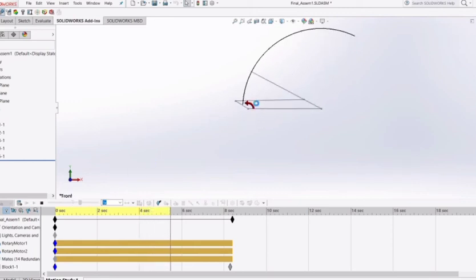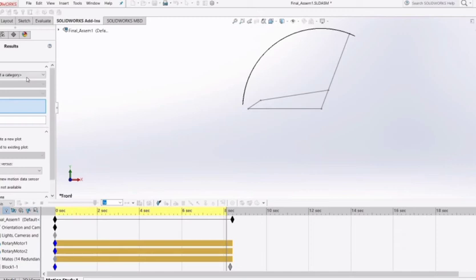Also, we can find out the velocity analysis and displacement analysis from this SolidWorks application. For the displacement analysis, the trace path is visible because of this feature. I have taken the trace path, so it is visible like this.